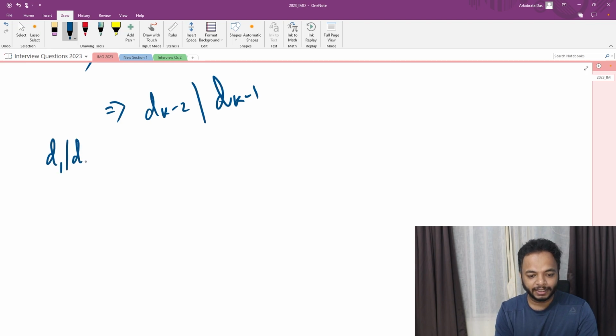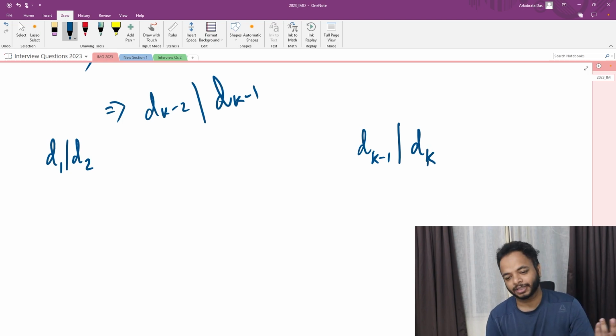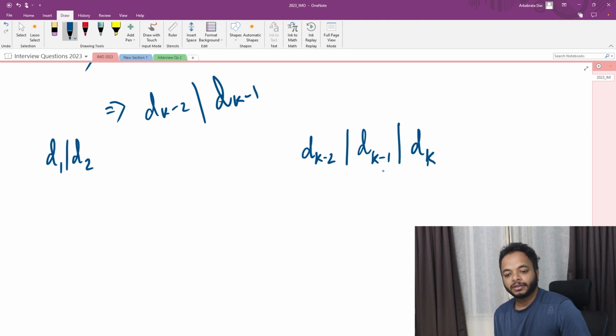We have d1 divides d2, which holds trivially, and also d_(k-1) divides d_k, nothing unusual because d_(k-1) is a divisor of n. And now we also get this relation, that d_(k-2) divides d_(k-1).